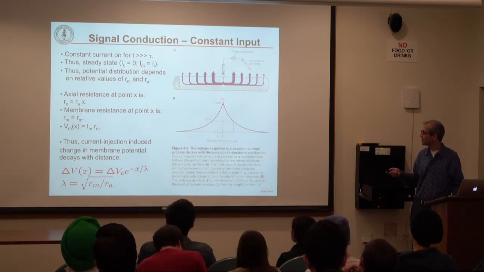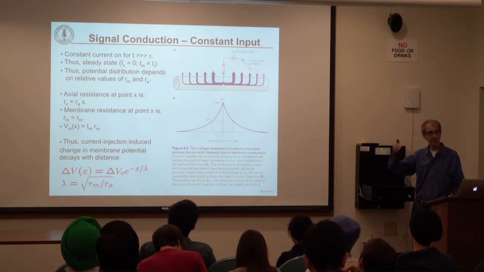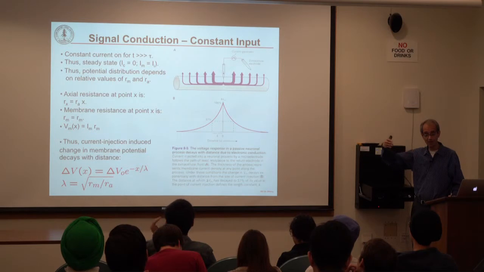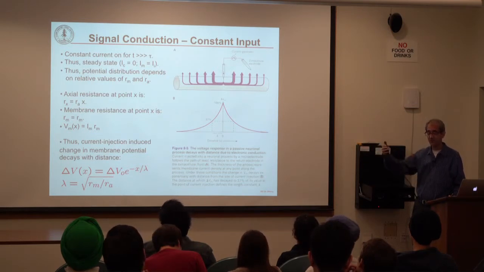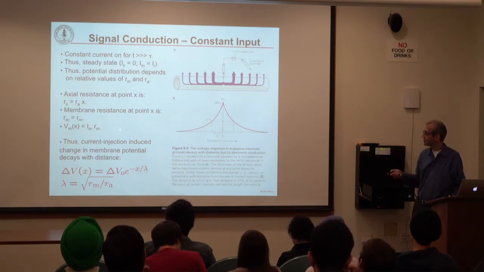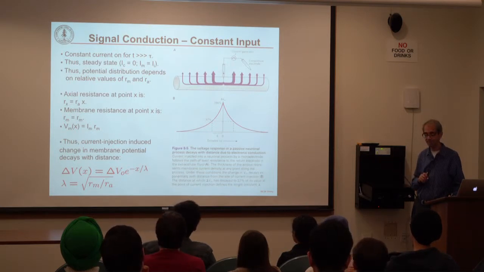The membrane resistance at this point, of course, is just Rm. It's the same everywhere. You didn't accrue that larger Rm just because you went farther before escaping out of the dendrite. And therefore, the membrane potential at some point x is just Im Rm.